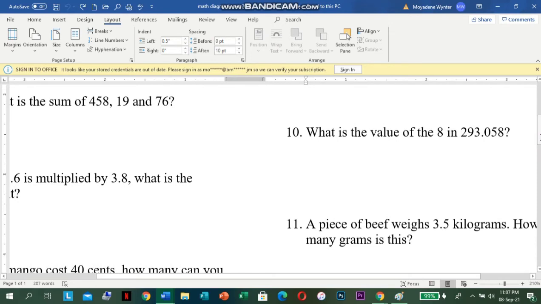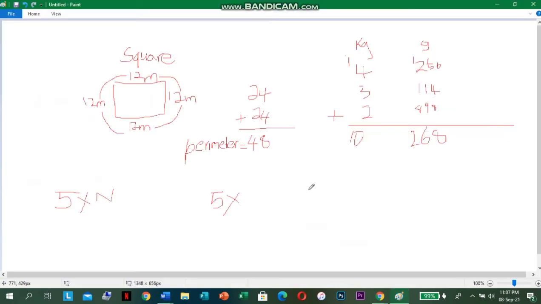We want to know what is the value of this numeral here.